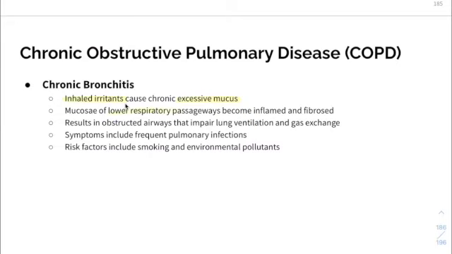That lower respiratory passageway gets inflamed and it eventually becomes fibrosed, so it's scar tissue. We end up with obstructed airways. If our airways are obstructed, we're not getting air down to those alveoli, which means gas exchange isn't happening.